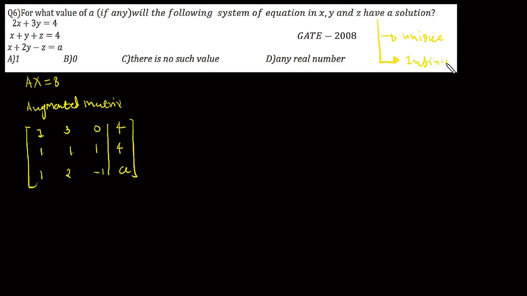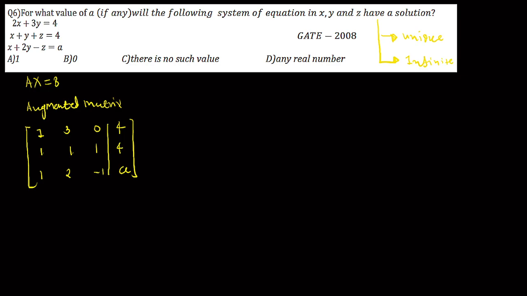These are the two ways for a system to have a solution. For the unique solution, what is the necessary condition? The necessary condition is that the rank of this coefficient matrix, which is 3 cross 3, and the rank of this augmented matrix, which is 3 cross 4, are exactly the same, and equal to the number of unknowns, which here is 3.